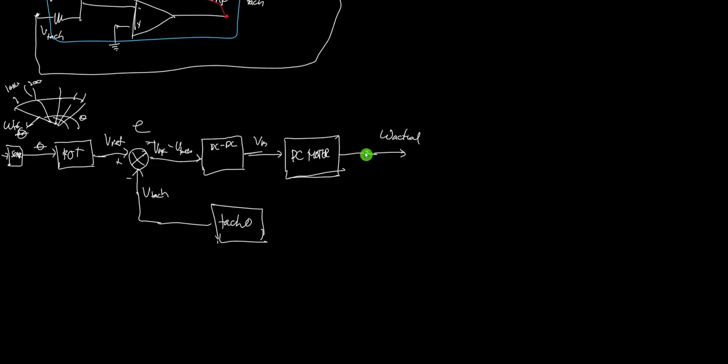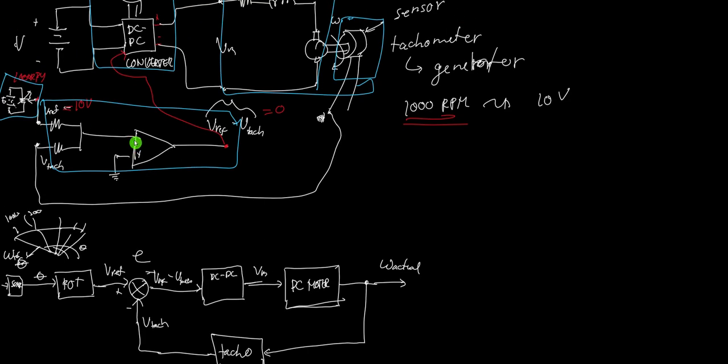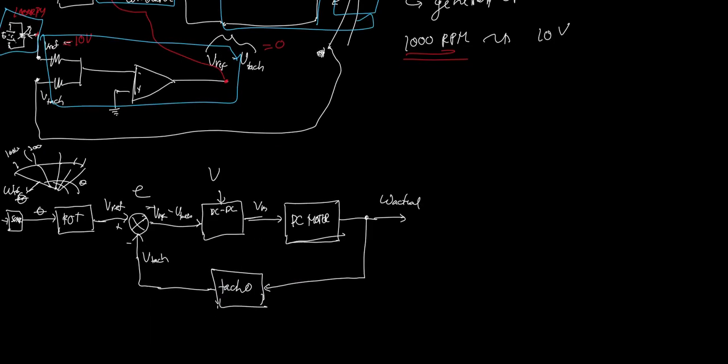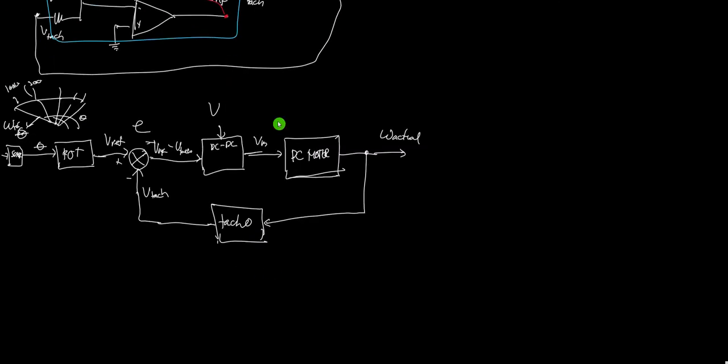So we have a takeoff point here that will be the input of the taco. And the output of the taco will be a voltage that will be subtracted here in the operational amplifier summing point. Then if there's a difference, we adjust the voltage. So we have a voltage here, V, our input here. And this will be the block diagram of that system.